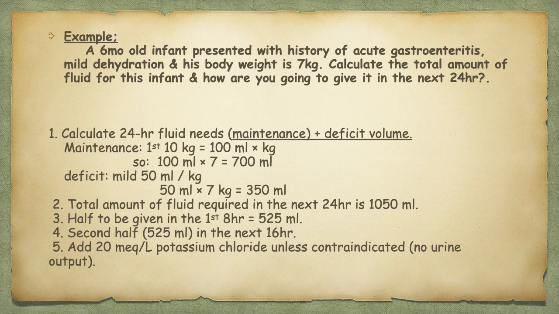For deficit, a patient with mild dehydration lost about 50 cc for each kilogram. So 50 cc multiplied by 7 kilograms will be 350 cc. So the total amount of fluid required during the next 24 hours will be 700 plus 350, which is a total of 1050 cc.